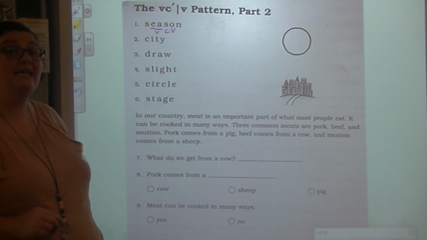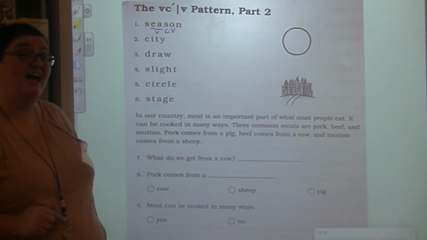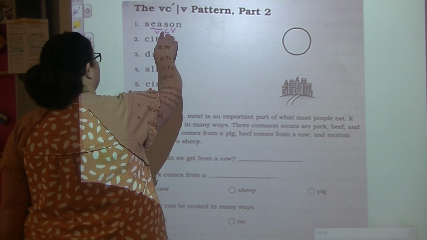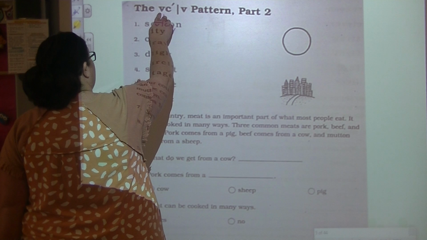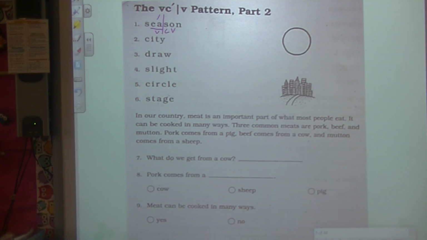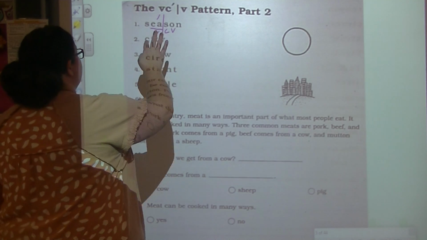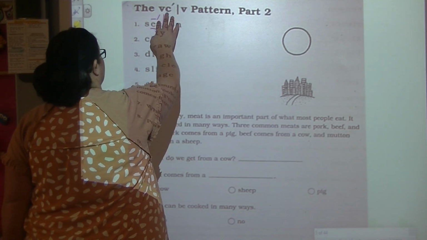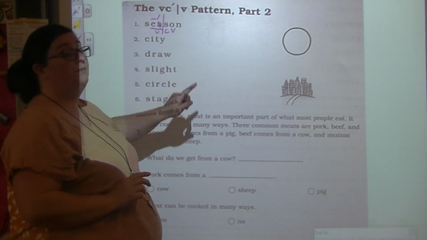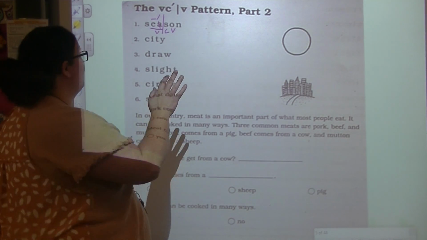If we want to make it long, we divide after the vowel. So divide after the vowel, accent. Now run over that E. Vowel followed by consonant is short.